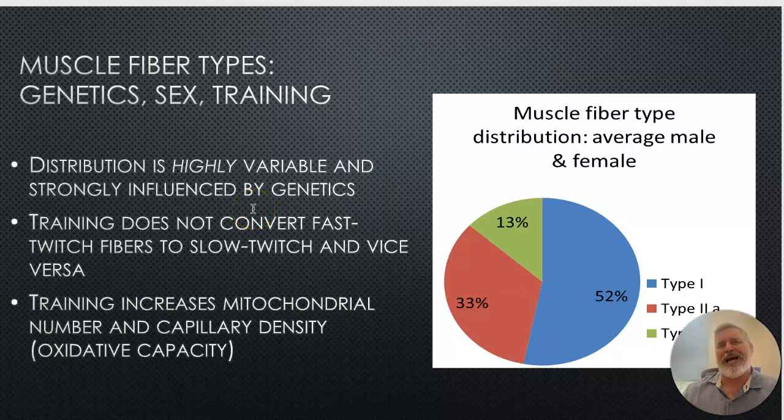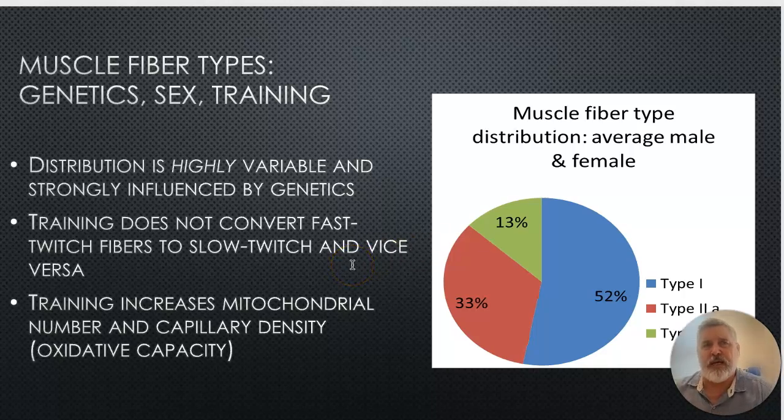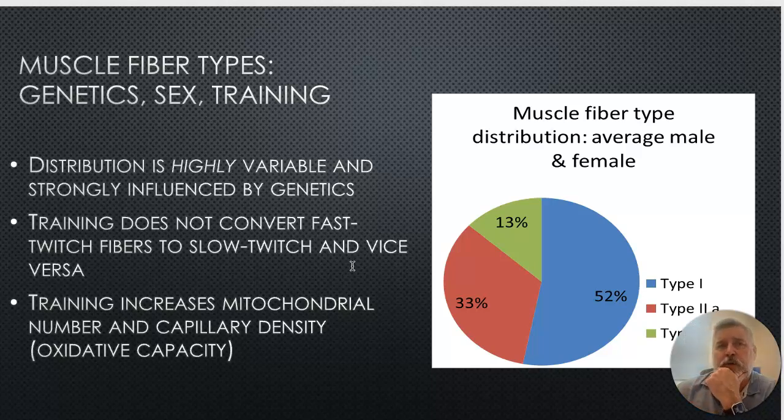So distribution is highly variable, and it's influenced by genetics. And training does not convert fast-twitch fibers to slow-twitch and vice versa. Training does increase mitochondrial number and capillary density, which can make us more oxidative and utilize type 1 more effectively.